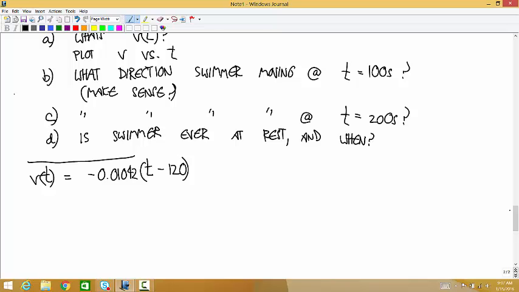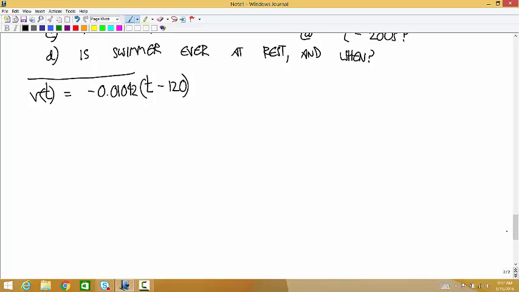And so, let's see. To plot this graph, so now if we're plotting velocity in meters per second versus time in seconds, what do you get?